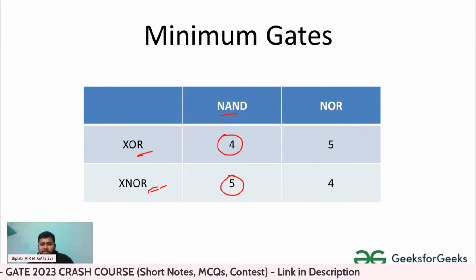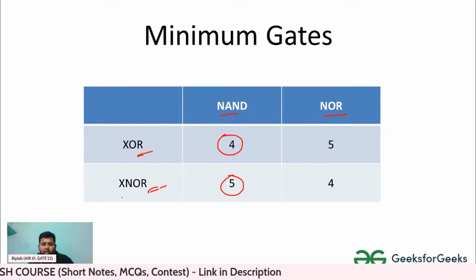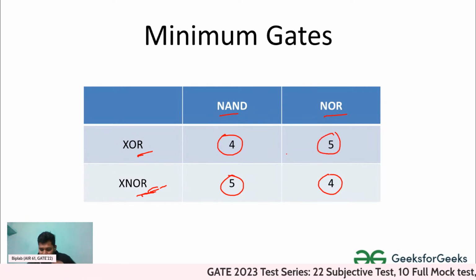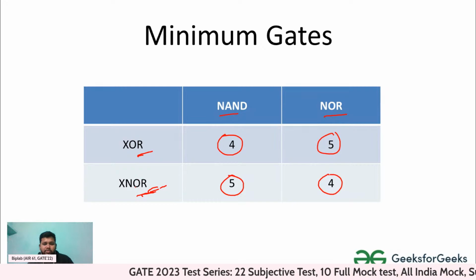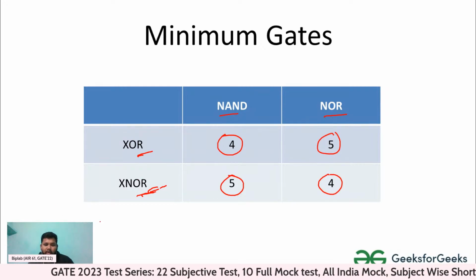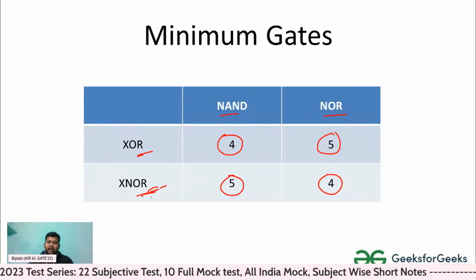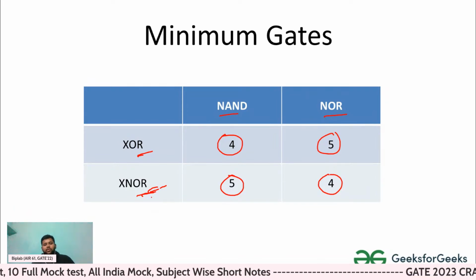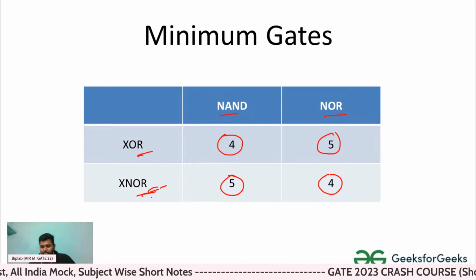And the reverse is this: if you are using NOR gates to build XNOR you will require 4 gates, otherwise using NOR you can build XOR using 5 gates. This table you should memorize. Also look at this proof and understand it, but it is important to memorize these things.